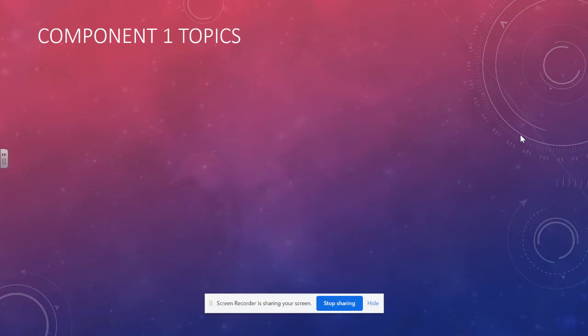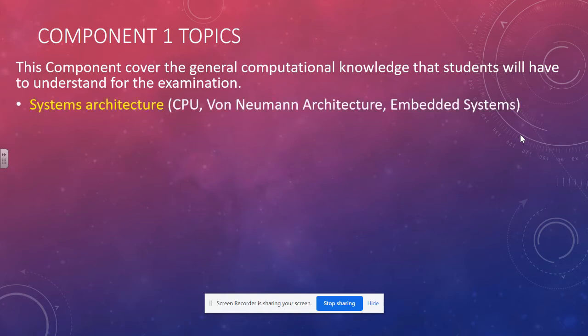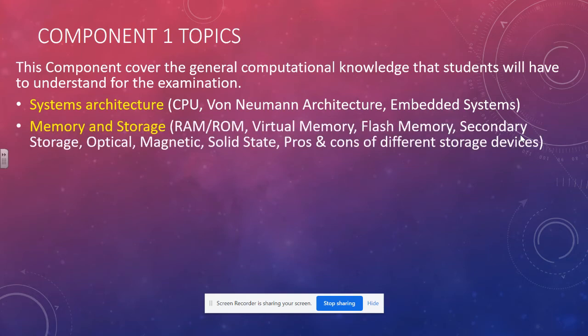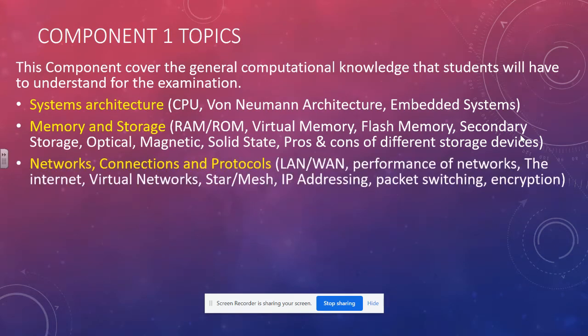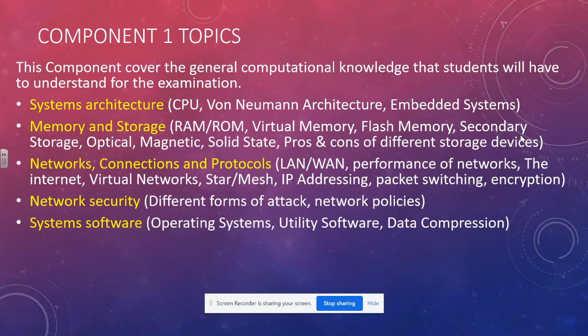So component 1, the first element. Here is a list of the units and the topics contained within those units. As you can see, systems architecture: we look at things like the CPU, von Neumann architecture and embedded systems. Memory and storage: we look at RAM, ROM, pros and cons of different storage devices.